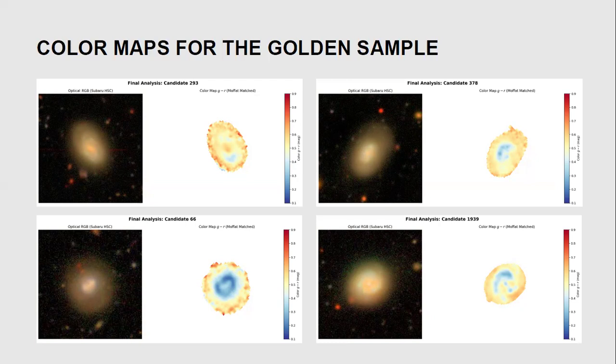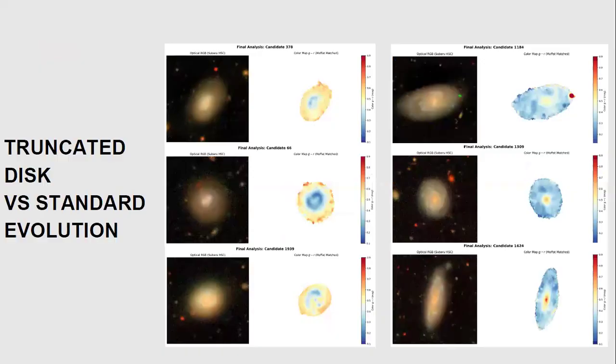Or for example, here we are looking for asymmetries too. This is not homogeneous, we clearly have a preference here. And to contrast, I'm showing you how outside-in evolution and inside-out evolution look. This is the normal or standard evolution that we expect, a red bulge with blue colors outside, and here we have blue colors in a red disk. There is a clear difference between the samples.